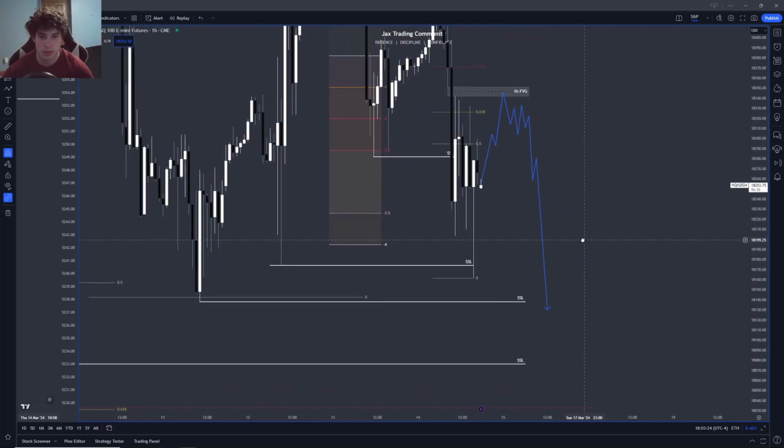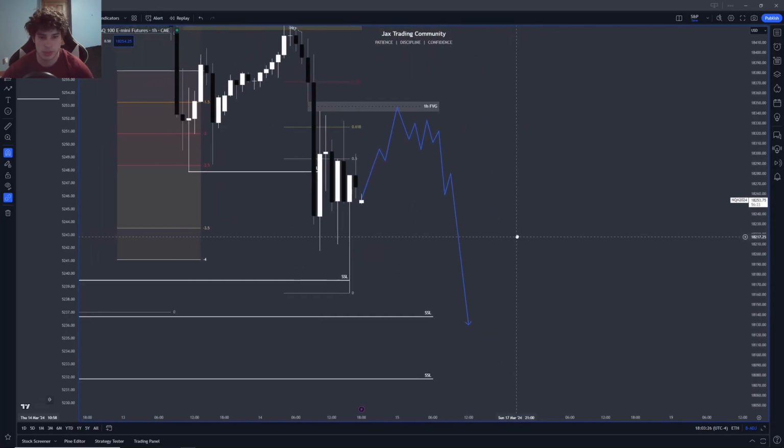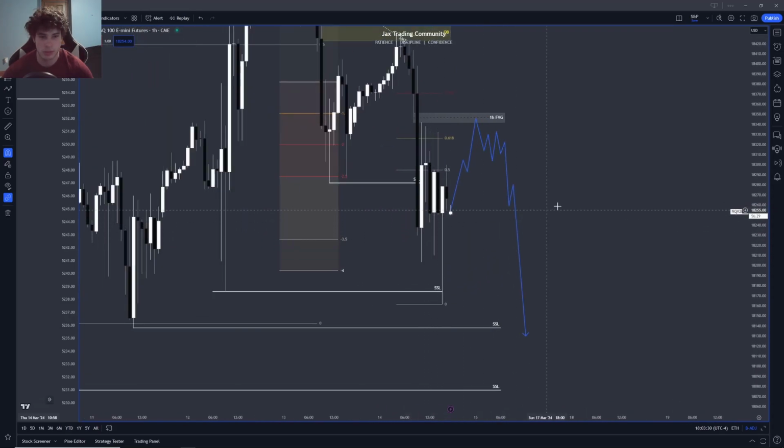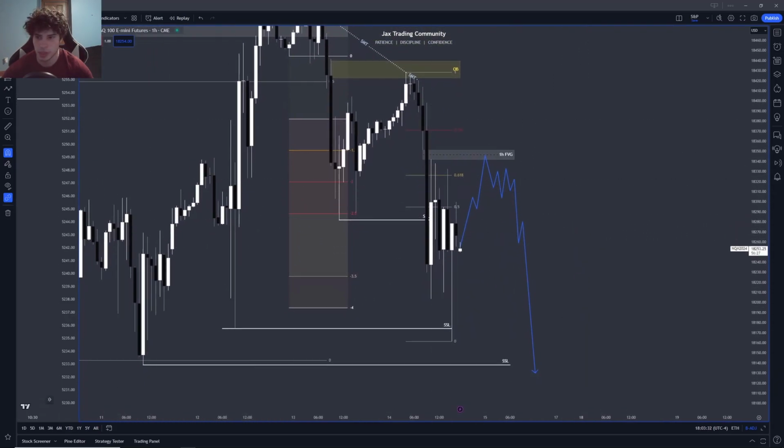And something to first consider is that, well, number one, we had this massive wick here, okay? And if we mark out CE of this, which is consequent encroachment. Consequent encroachment is basically 50% of this wick. That's usually acting as a resistance, right?